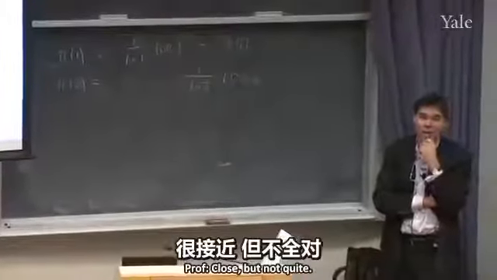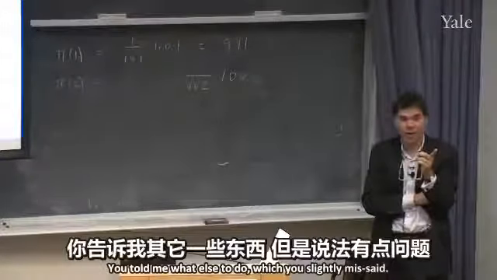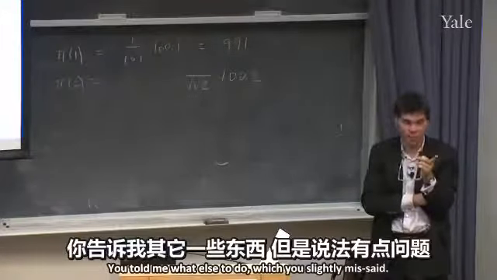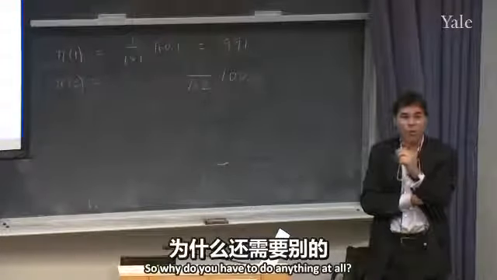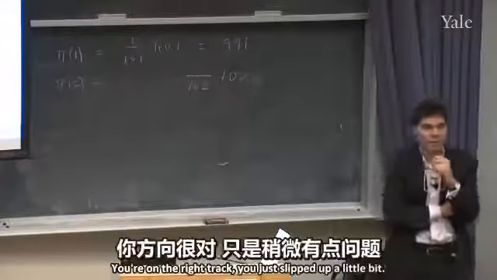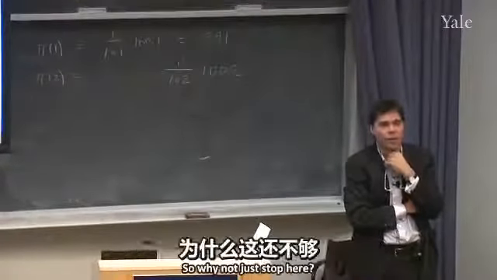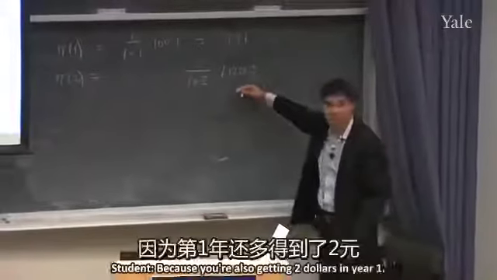Close, but not quite. Okay, so do your reasoning before you tell me what else to do, which you slightly misstated. Why do you have to do anything at all? Tell me the reason why you want to do something else. You're on the right track, you just slipped up a little bit. So why not just stop here?